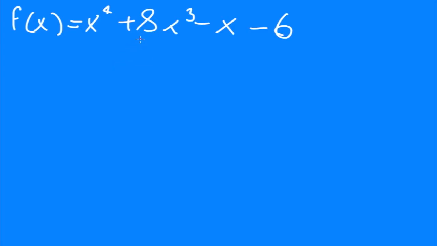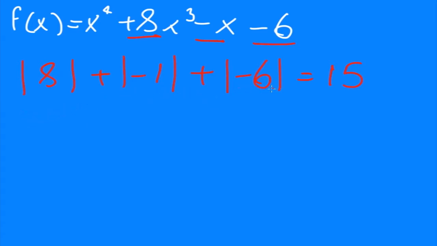We have an 8, a -1 and a -6. You don't count the x to the fourth because it's on its own. So we do the absolute value of 8 plus the absolute value of -1 plus the absolute value of -6, which is 8 plus 1 plus 6 equals 15.